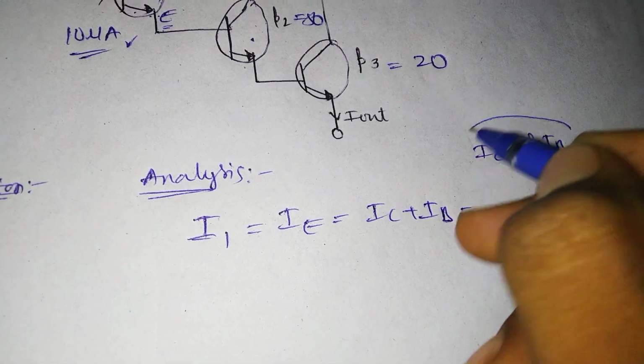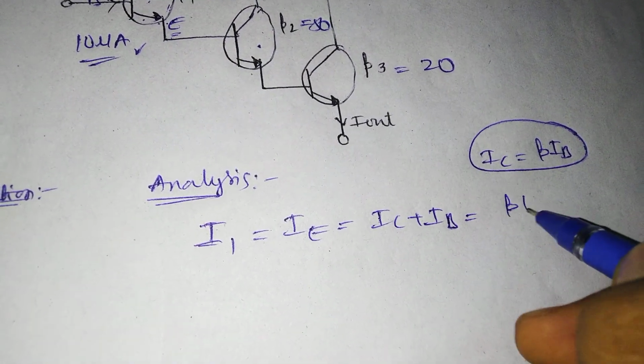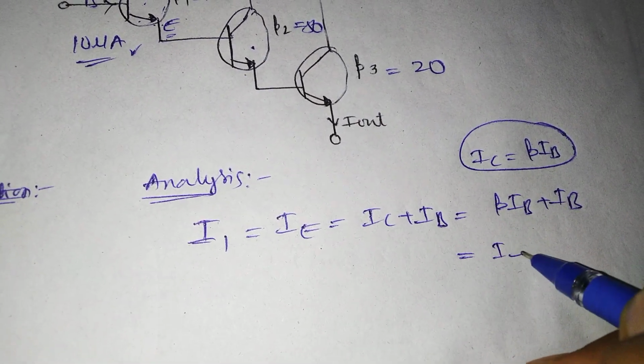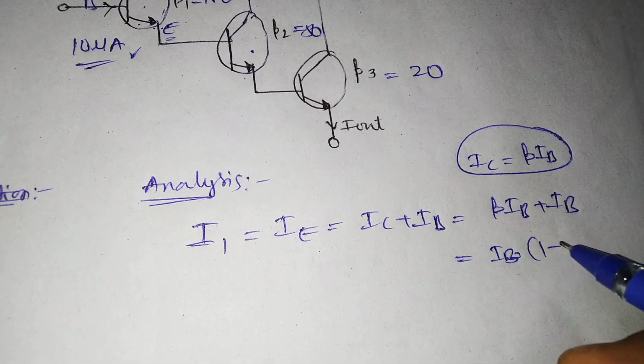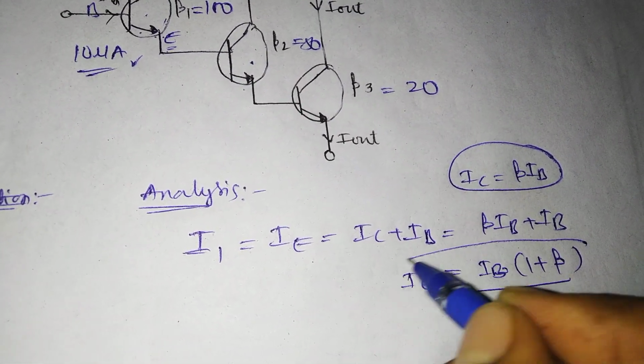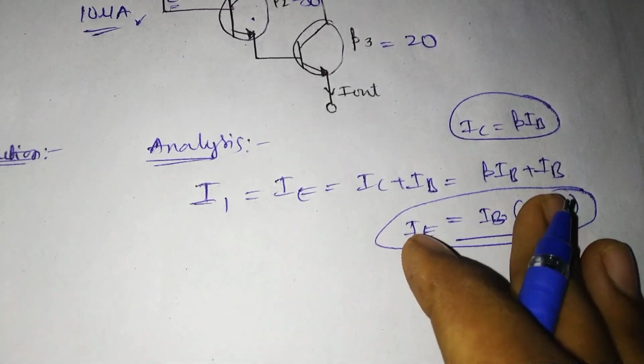We know that one. So beta IB plus IB, taking IB common, we get 1 plus beta, this is IE. Remember that one, it is helpful over there.